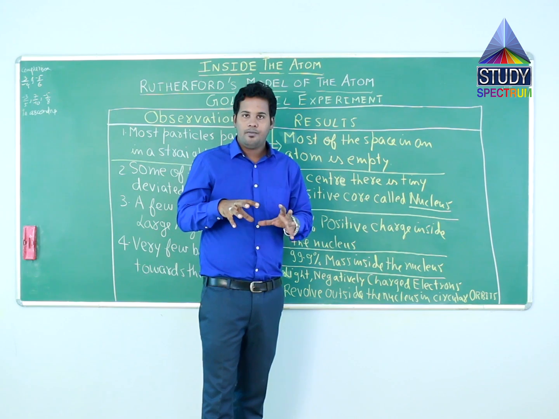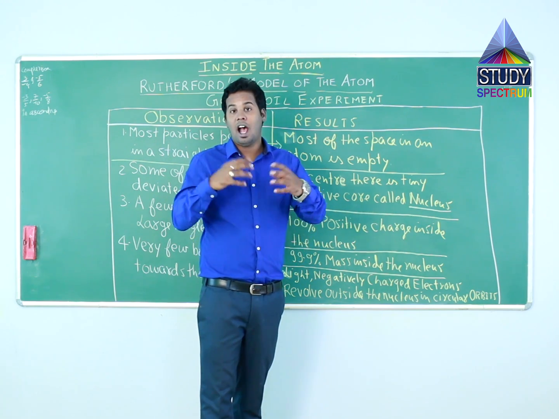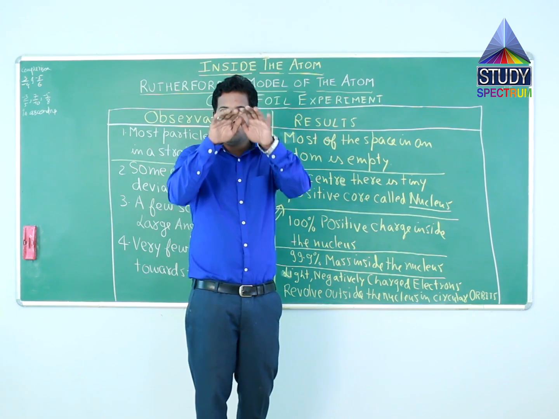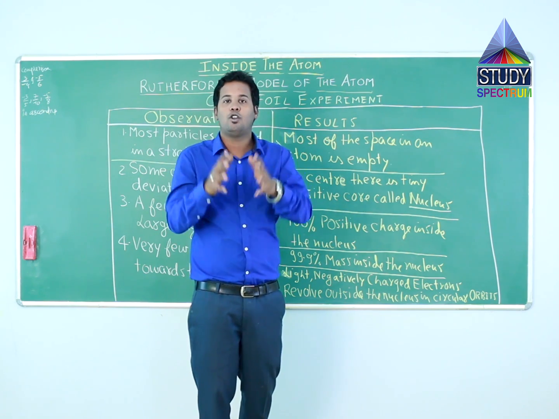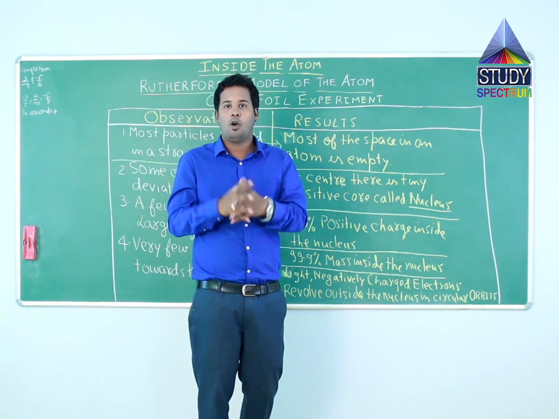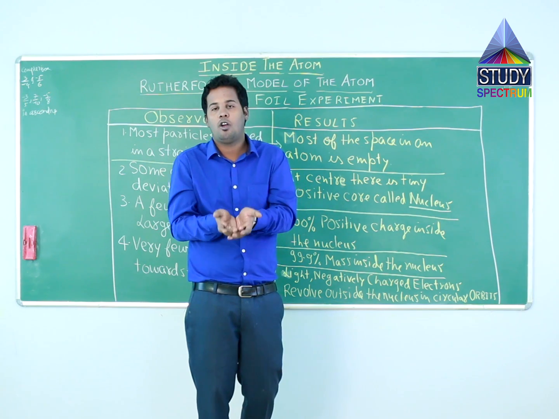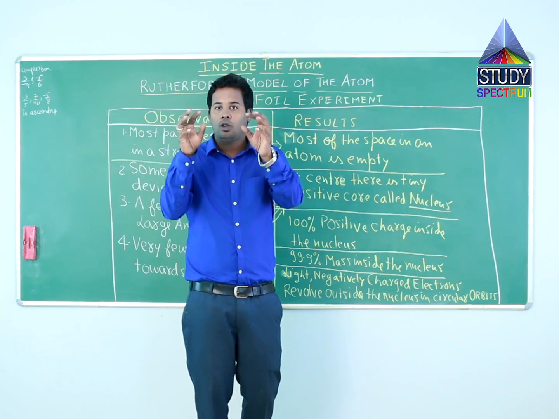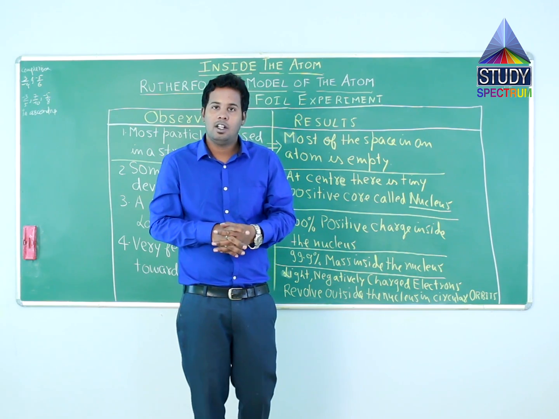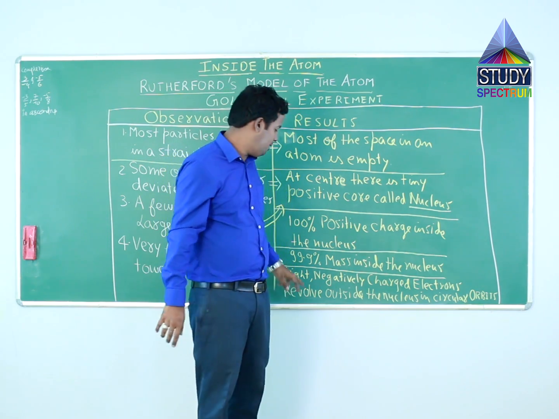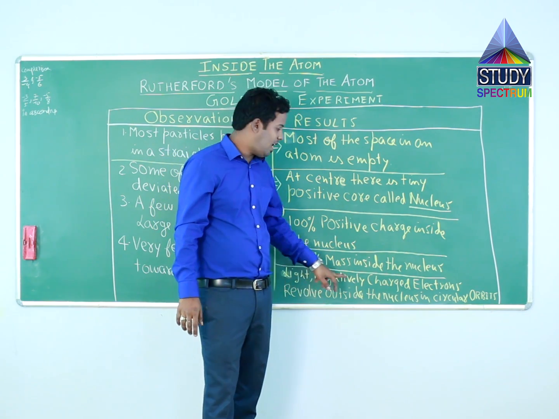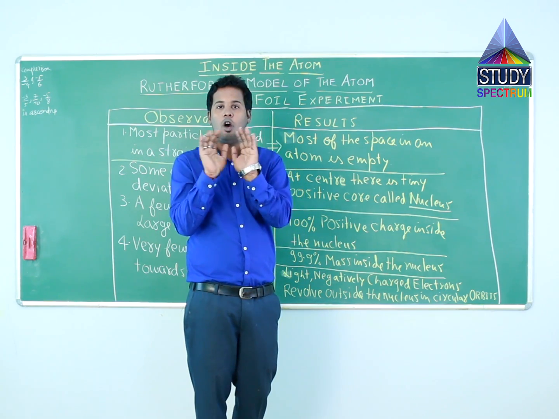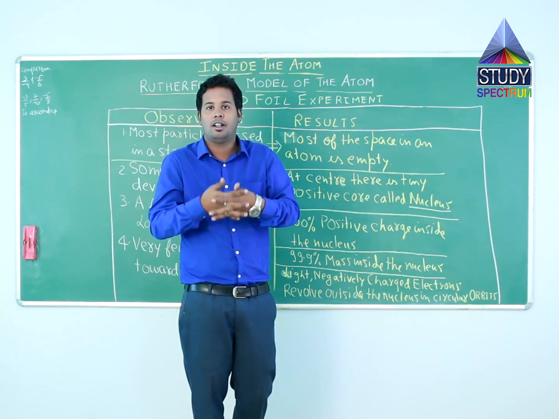Electrons are light but negatively charged, because they have to be negatively charged, as all of the positive charge is inside the nucleus. To make the atom neutral, they have to be negative. If they were also positive, the atom would turn out to be a positive sphere, but the atom should be neutral. That is why those electrons are supposed to be negatively charged, and these were light. So he said light negatively charged electrons revolve around the nucleus in circular paths, which he termed as orbits.